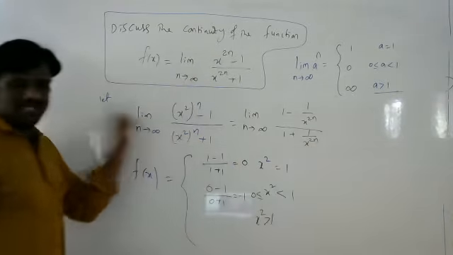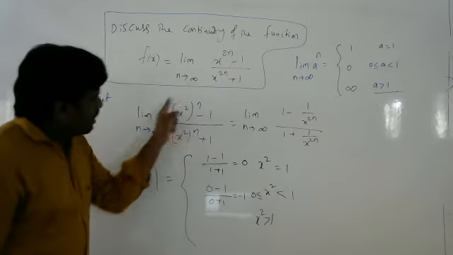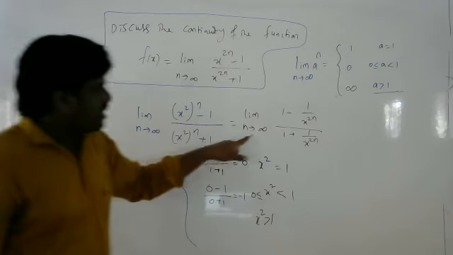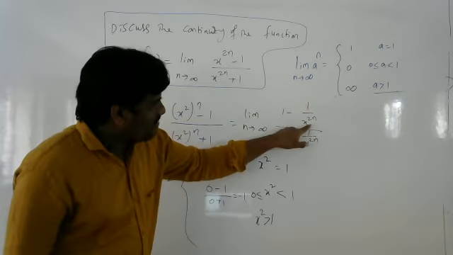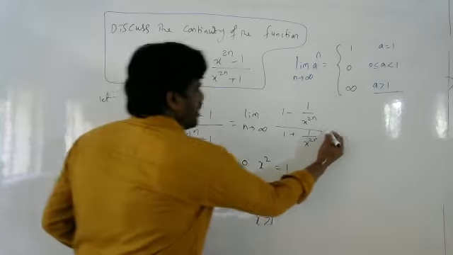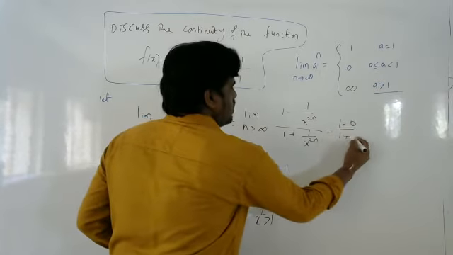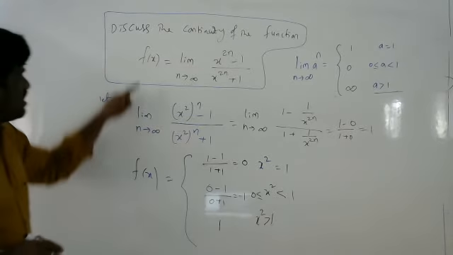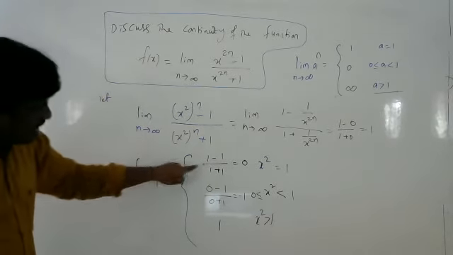Now if you substitute the limit, 1 by infinity is 0. So I get 1 minus 0 by 1 plus 0, which is 1. This is the answer; I made this question into these boxes.